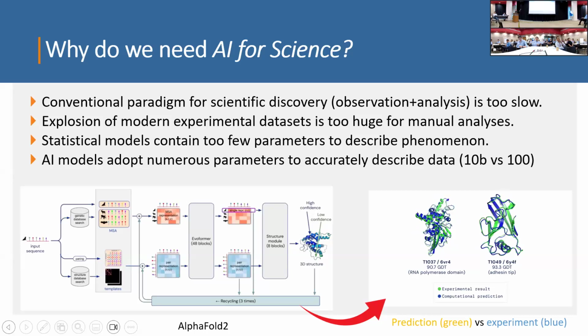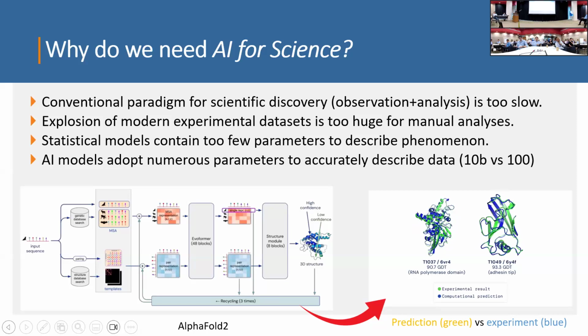One of the motivations is that AI, a very deep neural network, can adopt a very big number of parameters, so it can describe the data more accurately, while a statistical model contains too few parameters to describe the phenomenon.